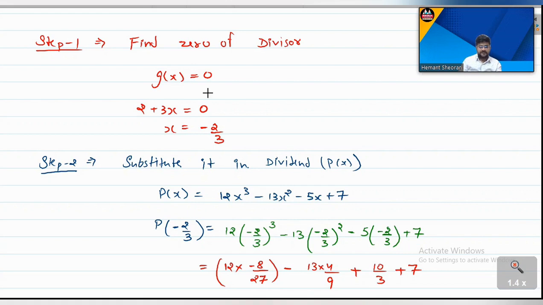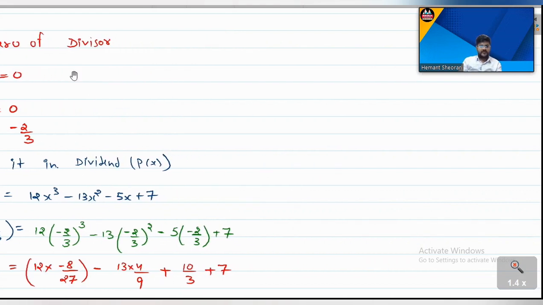Any confusion on this step? No. So the next step: 12 times 8 is negative 96 over 27. Or can we cut it out? Yeah, we can also cut it out. So 27 and 12 can cut out, so 9 and 4.